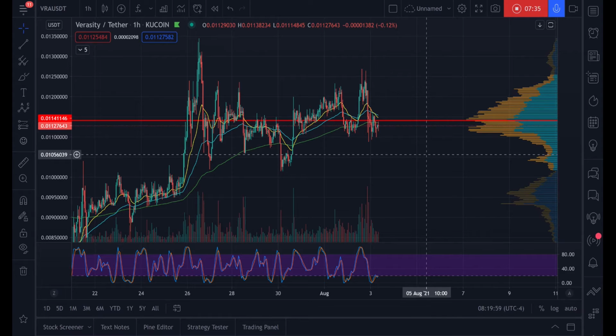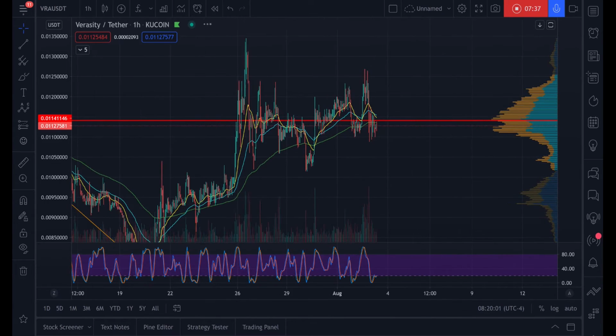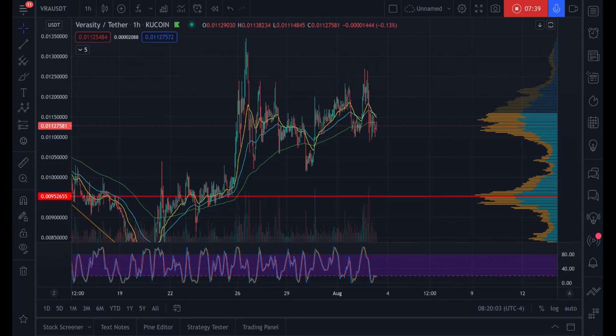But again, the recovery in this project is going to be faster because it seems that we have sort of bottomed. There is a possibility that we can come all the way down here to 0.009 cents, 0.0098 cents, because there is some liquidity here. There are some wicks here. There's price action here that would be favorable for a price to grab and then move up again.